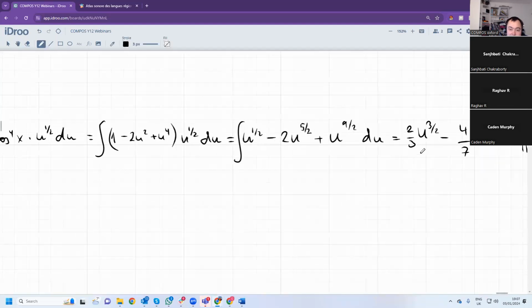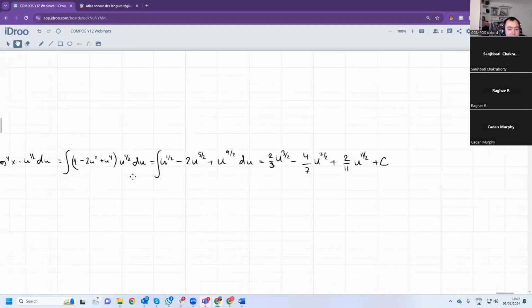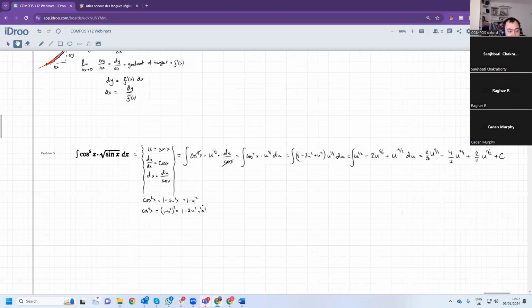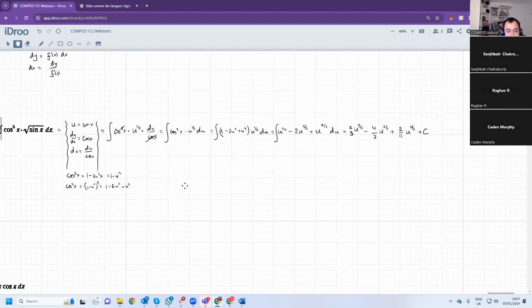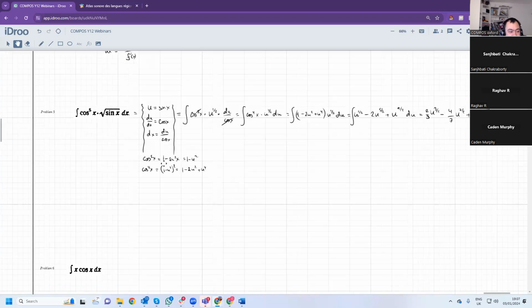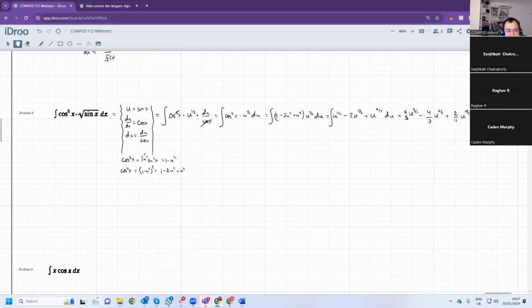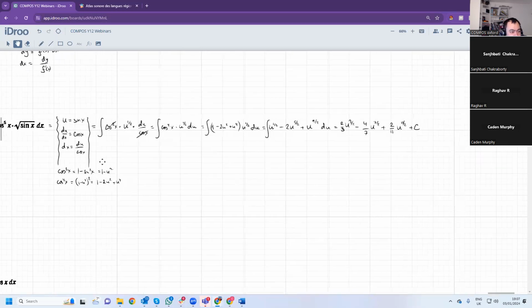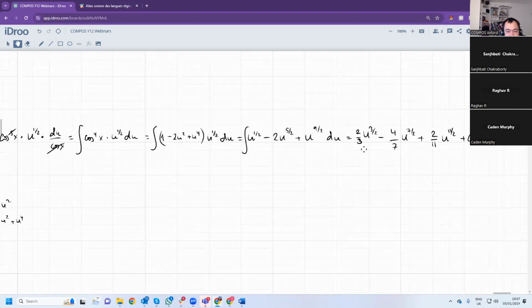I didn't realize that until I started doing it, so I saw the method. Sometimes you're just stumped and you don't know what to do next. In that case, Wolfram Alpha, a very useful tool. And then you just reverse the substitution. So u is sine x.